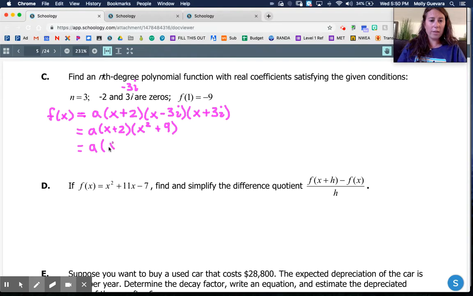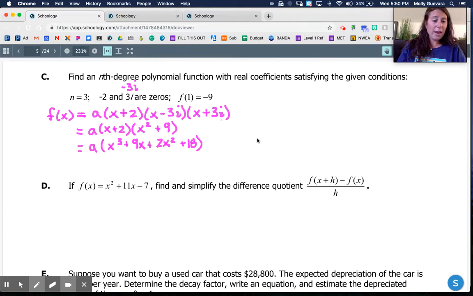So I have x to the third, right, plus 9x plus 2x squared plus 18. And then I still have this a value.